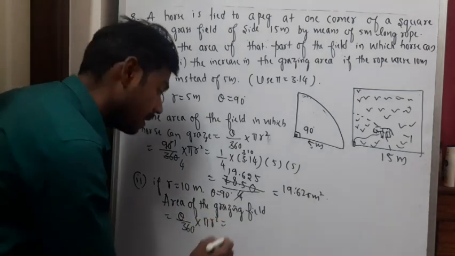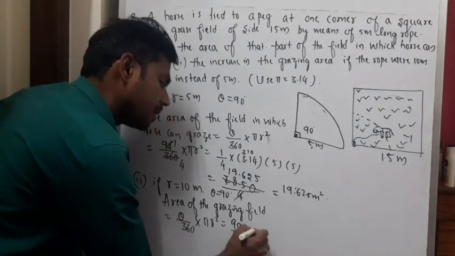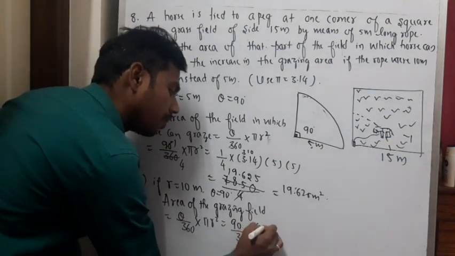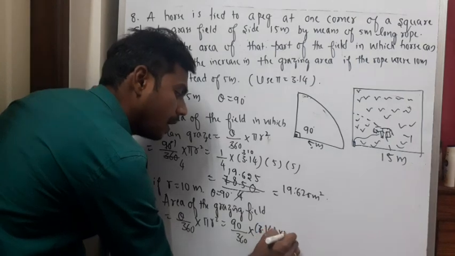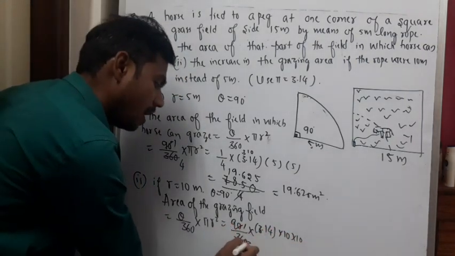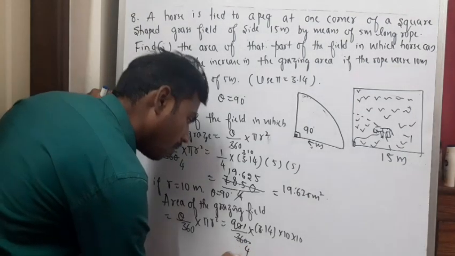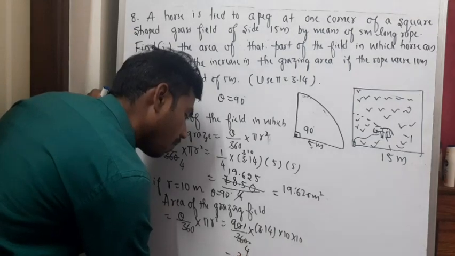What is theta? Theta is 90 divided by 360 into 3.14 into 10 into 10. So 90 ones are 90, 4 nines are 360. Now it will be equal to 314 divided by 4. Why 314?